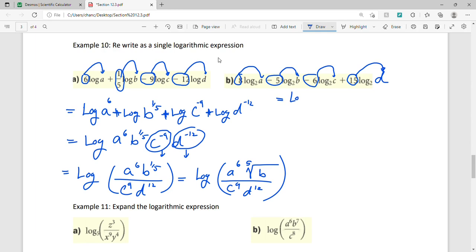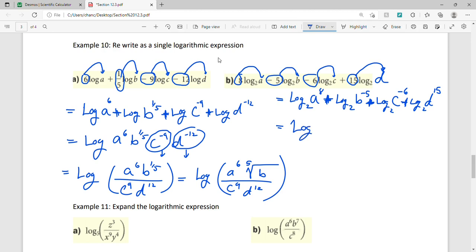This becomes log base 2 of a to the 8th plus log base 2 of b to the negative 5 plus log base 2 of c to the negative 6 plus log base 2 of d raised to the 15th power. Since they're all positive, and that's what we want, it makes our life easier when we do the product rule.